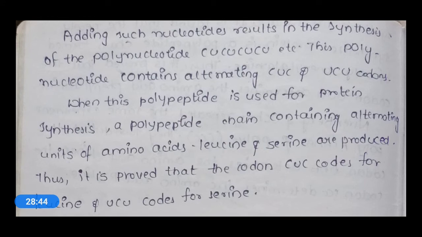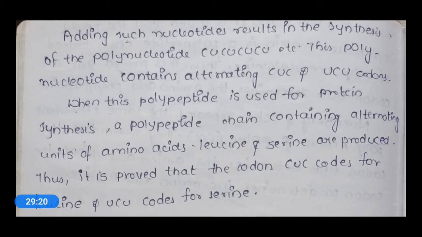This polynucleotide contains alternating CUC and UCU codons in the synthetic heteropolymer mRNA, and when a polypeptide is produced from this heteropolymer mRNA used for protein synthesis, a polypeptide chain containing alternating units of the amino acids leucine and serine is produced.